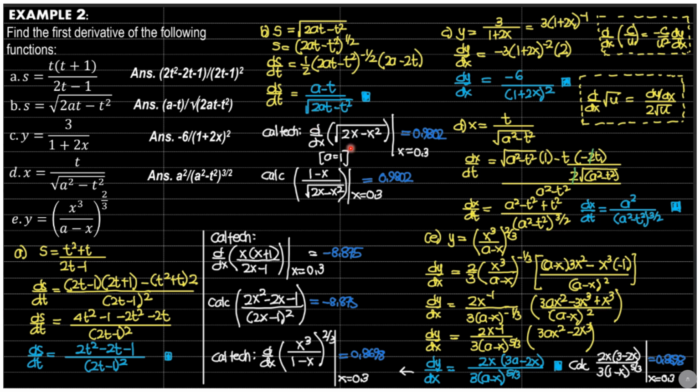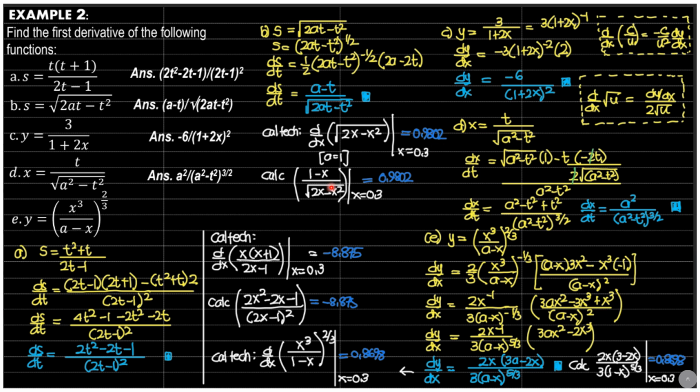For the calculator technique, all you have to do is set a equals 1 and t equals 0.3 again. So using the calculator, evaluate derivative of square root of 2 times 1 times x, so 2x minus x squared, at x equals 0.3. It will give your calculator 0.9802.